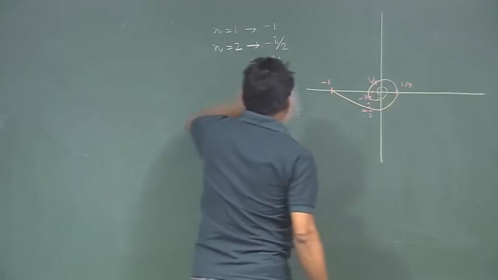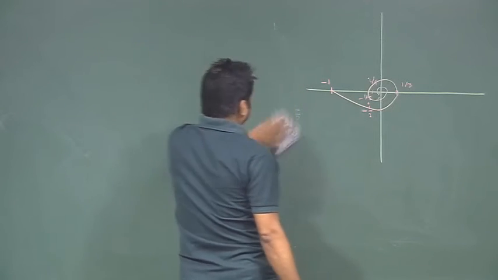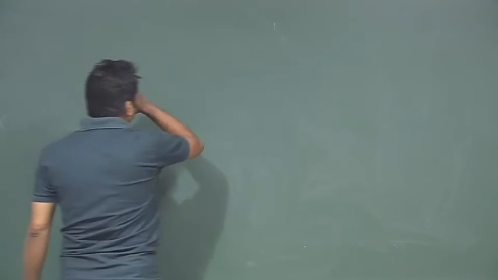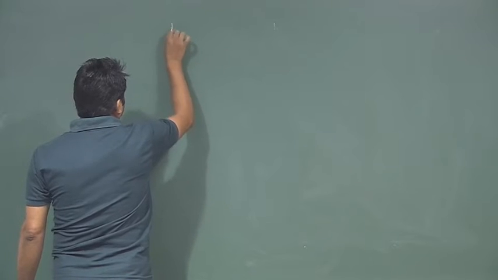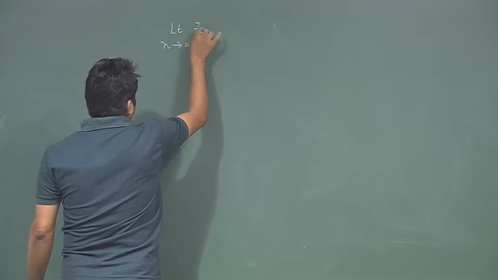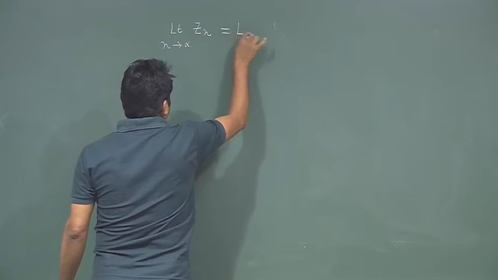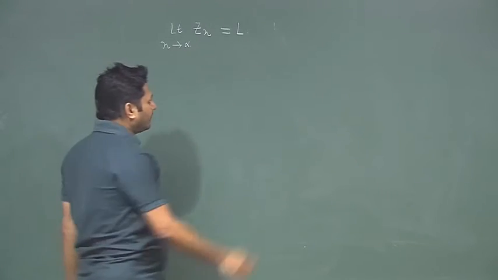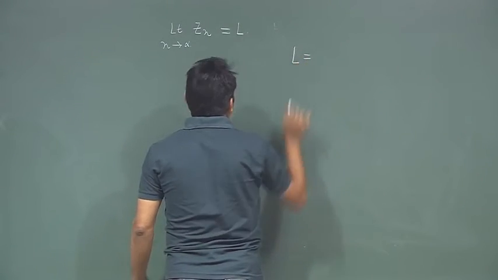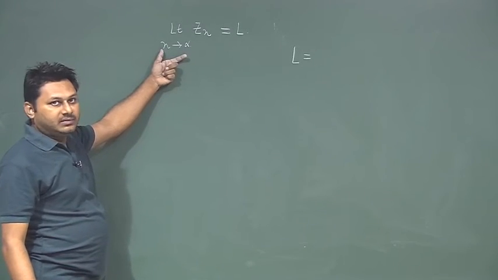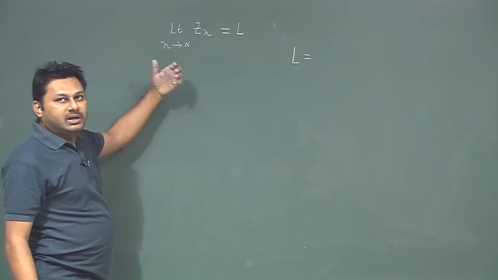We will obviously show more examples, so that understanding will be clear. But before that, when the limit as n tends to infinity of Zn is L, you should realize one fact: L is a complex number, because Zn is a complex number. So, whatever result I am getting should be a complex number.